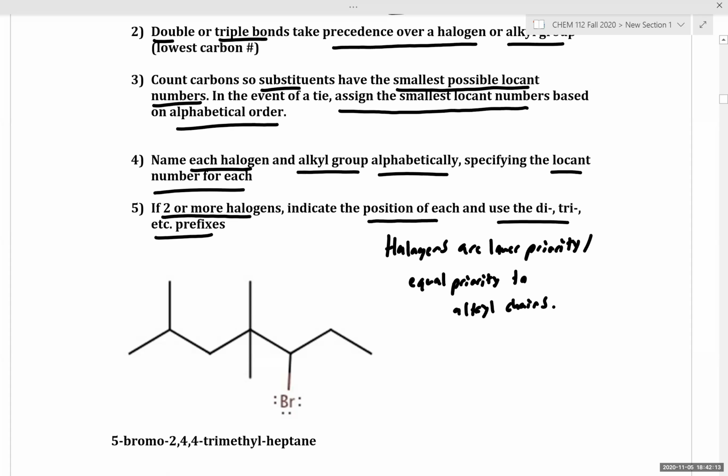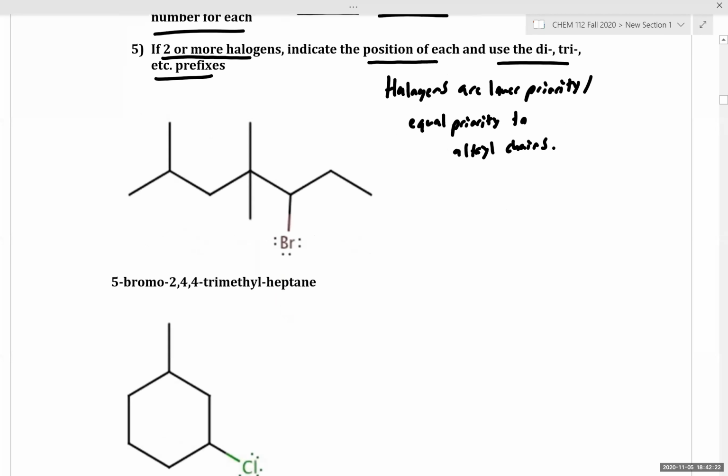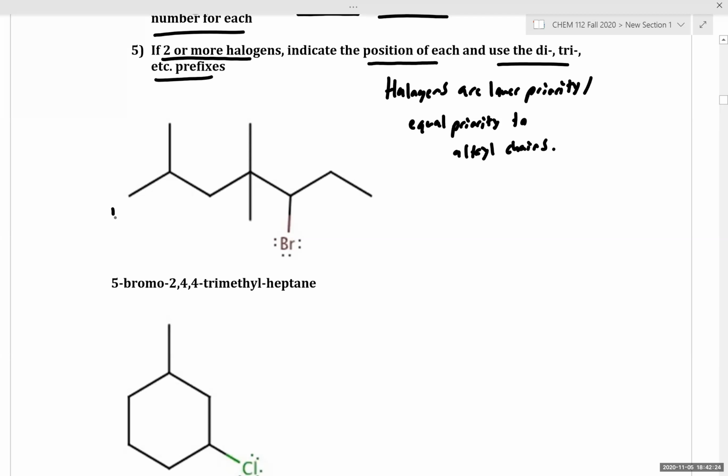So treat a halogen just like another alkyl chain. They only end up with priority in many cases due to alphabetical naming rules. So for example, in this case, even though we have a bromine, we don't have to really accommodate that bromine. We can name in a way that gives the lowest locant number to each of our substituents and to our alkyl chain.